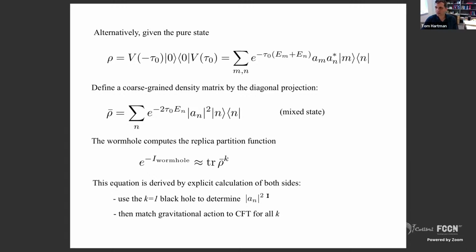Not exactly, because we're not doing string theory here, we're doing low energy gravity, so we can determine them up to some fluctuating part in the UV that's undetermined. Then once we've found those expansion coefficients, we match the gravitational action to the CFT as a function of k. That gives a very non-trivial check of this formula.